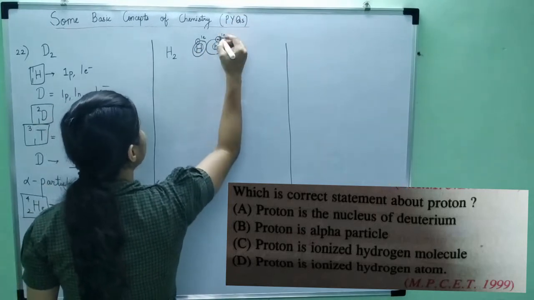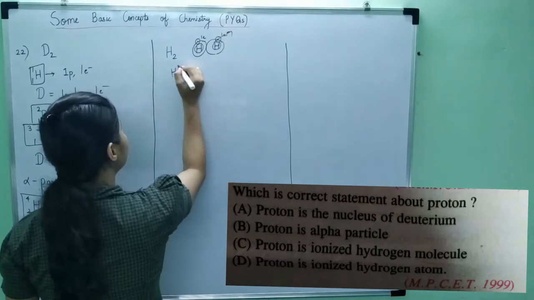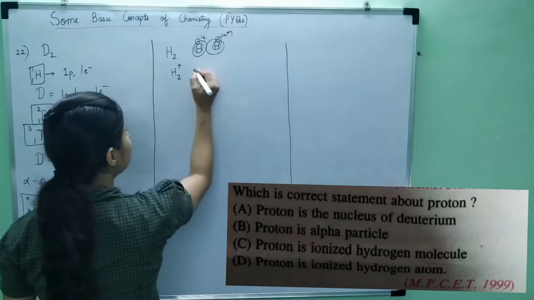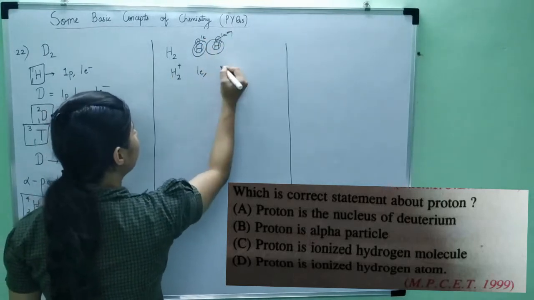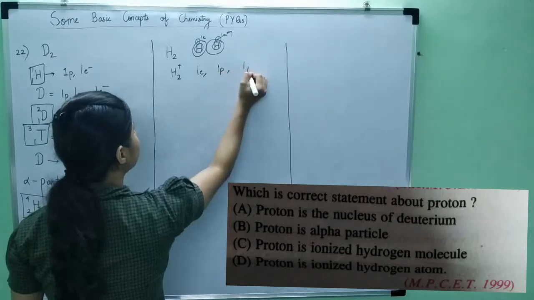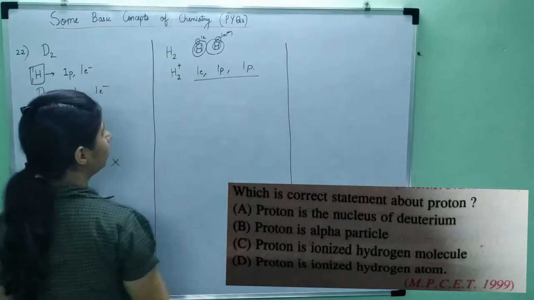Now if I remove just one electron, what will this be? H2 plus. So this has that one electron and each of the hydrogens has one proton each. So ionized hydrogen molecule is also not the proton.